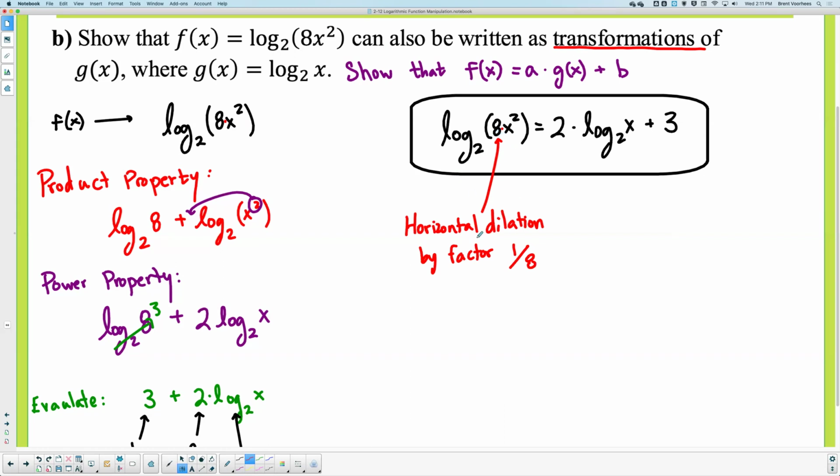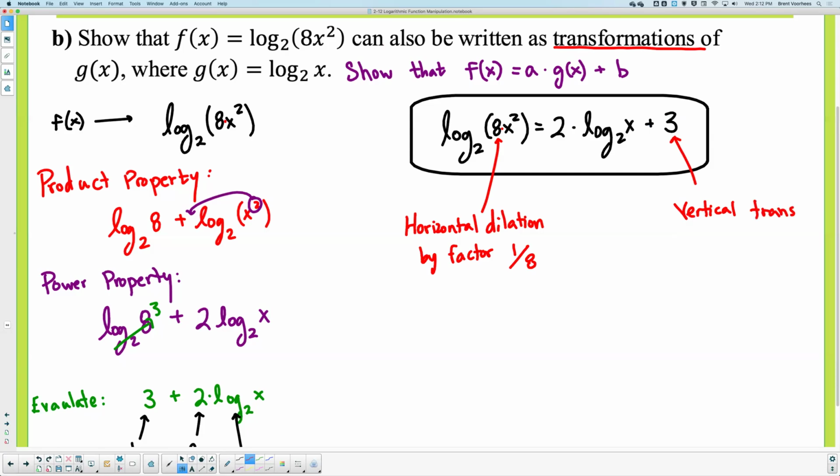Now that horizontal dilation by factor 1/8, that corresponded to this 3 over here. That's what produced that 3. The squared produced the 2. That produced this 3. So what is this 3 over here? Is this horizontal or is this vertical? That's vertical. When you add, is it a reflection, dilation, or a translation?